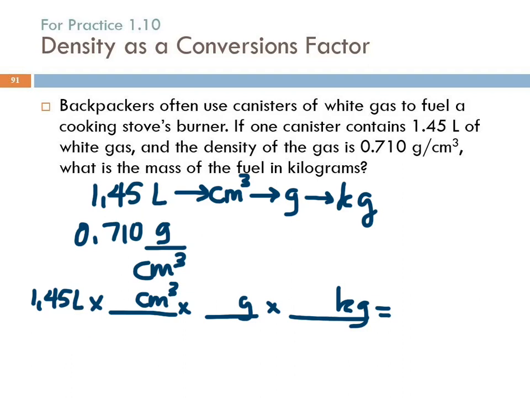We get rid of liters by dividing. Those will cancel out. We get rid of cubic centimeters by dividing. Those will cancel out. We get rid of grams by dividing. We do all the units first. Then we fill in the numbers. And you can do them in any order.